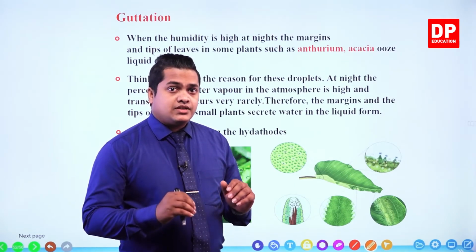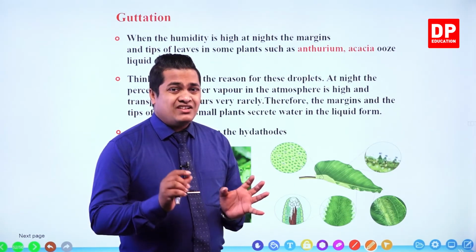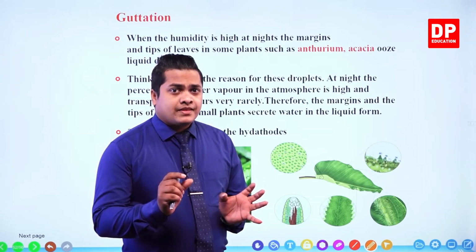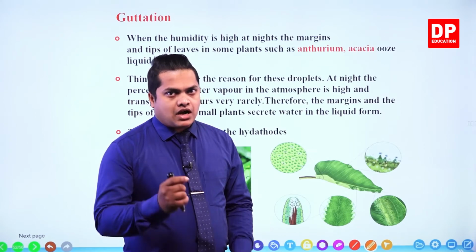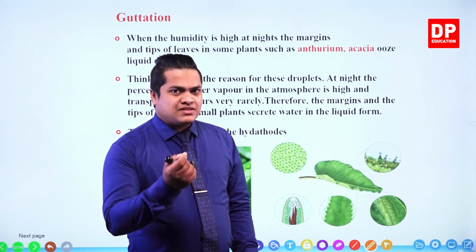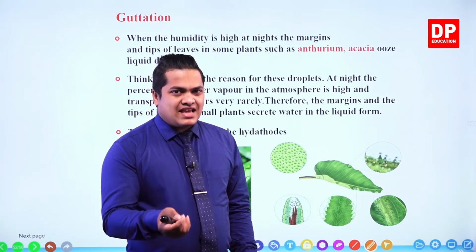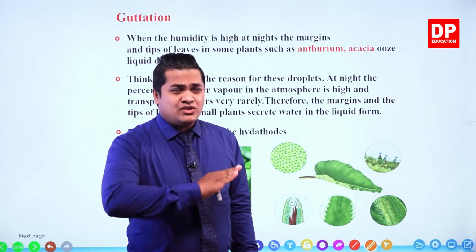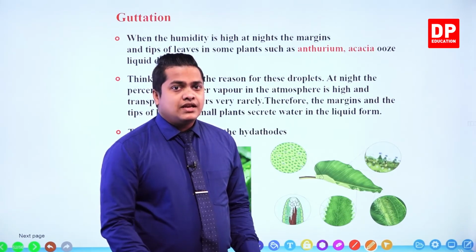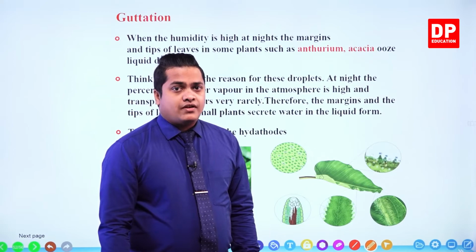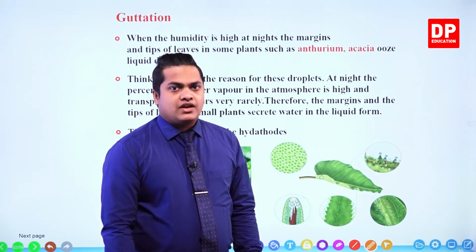Transpiration is also actually occurring at night, but however in a very small percentage. Okay, the rate of transpiration is very low in the night time period because of not having favorable factors for transpiration.